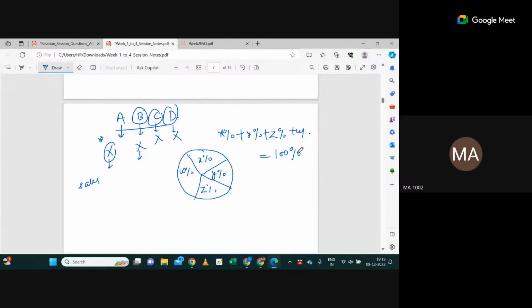Analyst wants to know the sales distribution of the items in a company, something like that. So whenever you are interested to compare the parts of a whole, rather than counts, a pie chart is useful, and the summation of all these slices should be 100%.